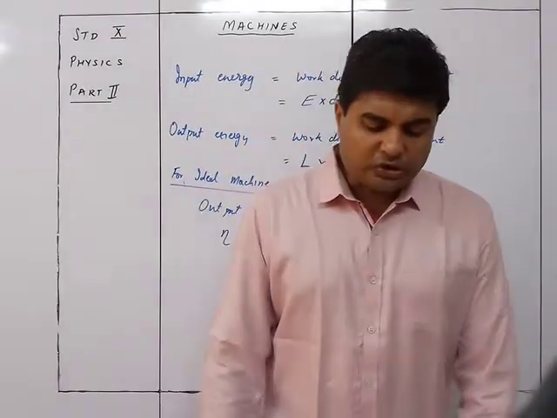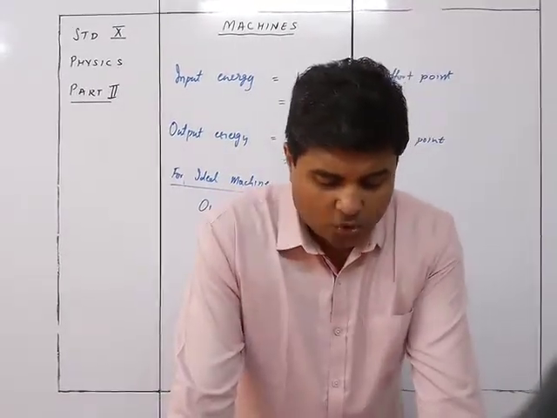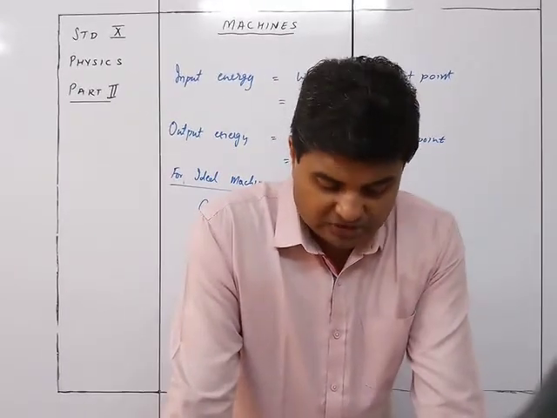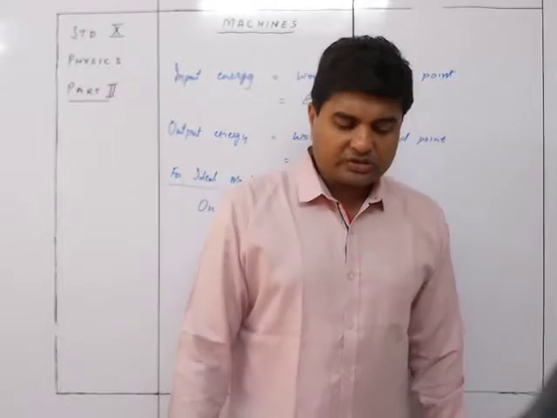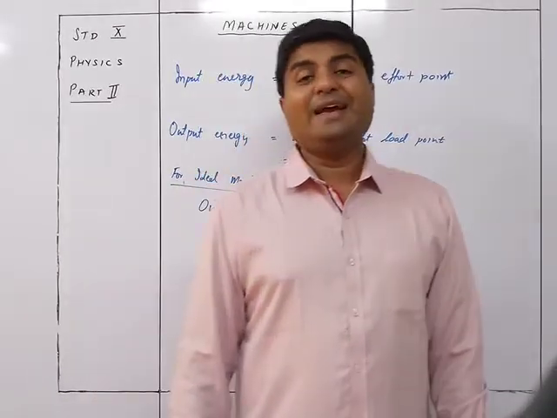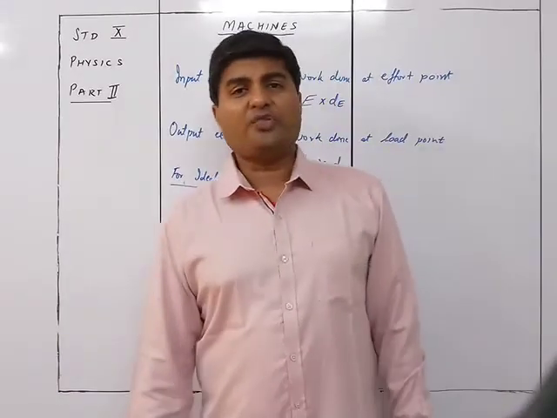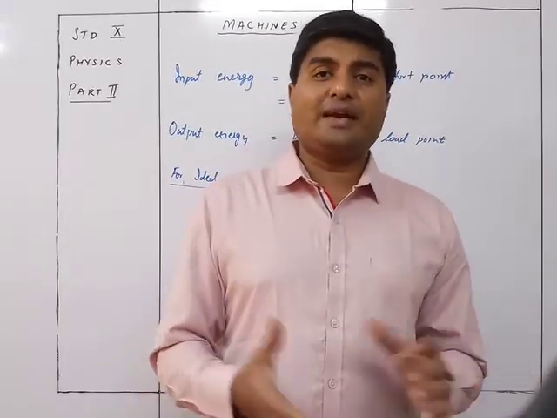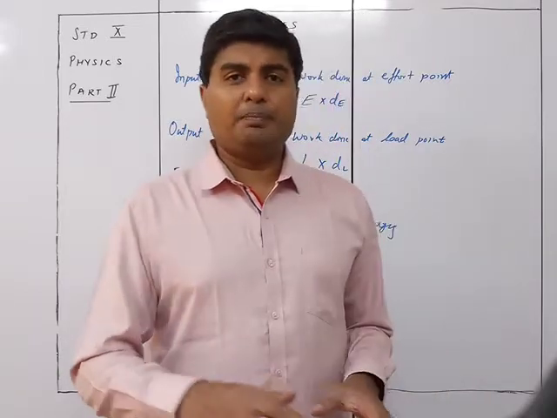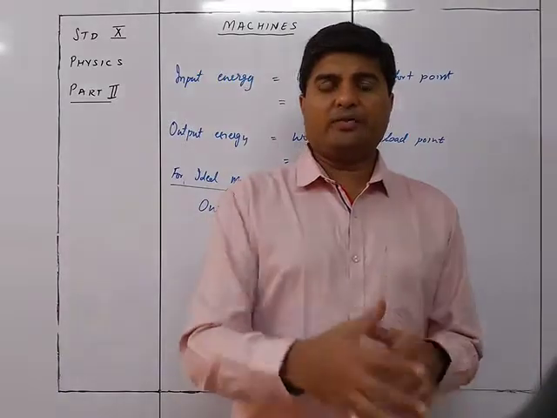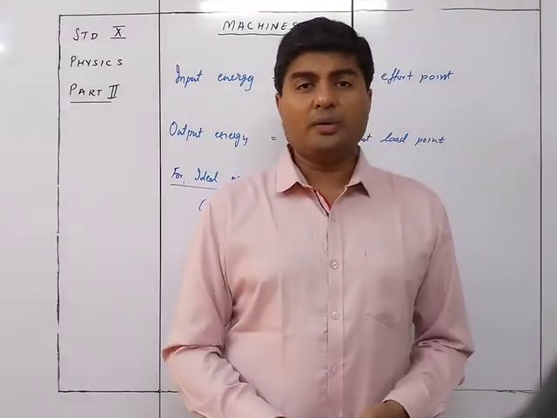The most prominent loss of energy is in overcoming the force of friction between the moving parts of the machine. The energy so lost appears as heat energy, due to which the moving parts of the machine get heated up. So you will always find that when the machine is running, it gets heated up. You can see it in a car too: if you go a long distance and then check the bonnet of the car, it will be hot. Why is it hot?